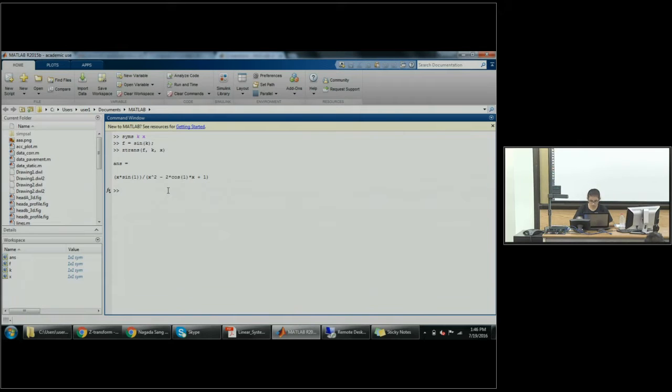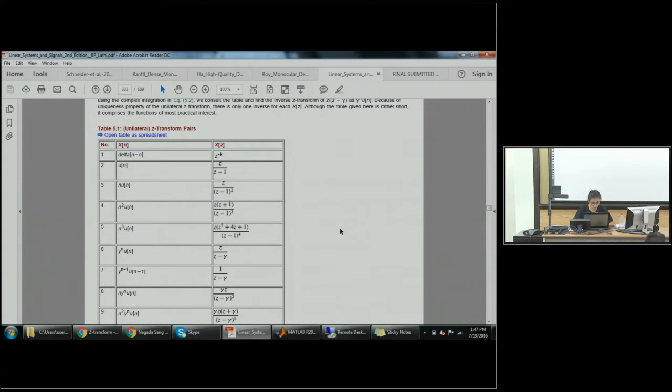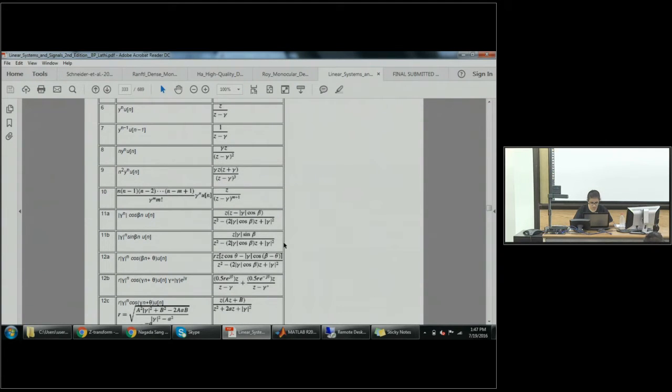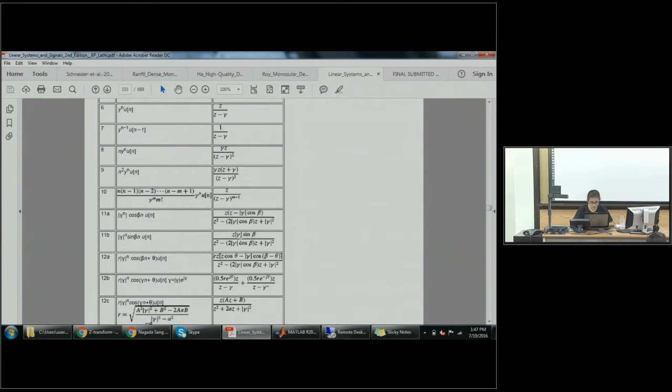Alright, so if we look back to our Z transform pairs, we'll have z sine beta, and beta is 1 over here, that's why it's sine of 1.